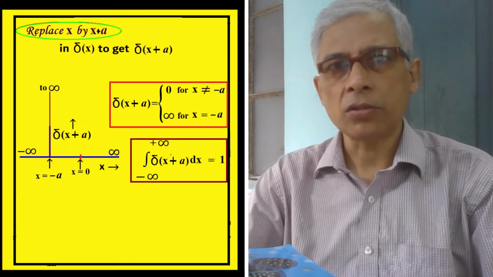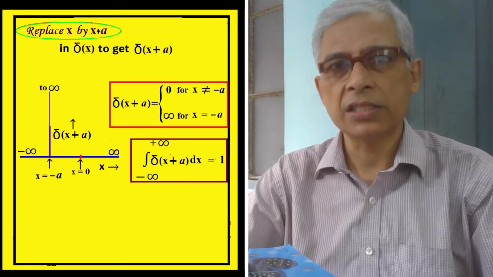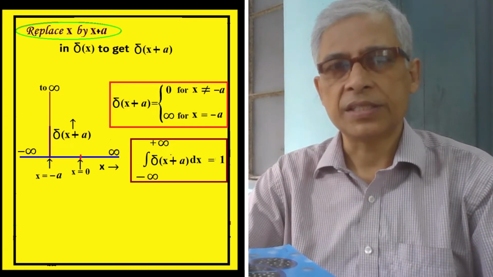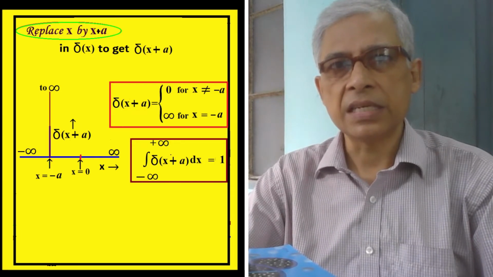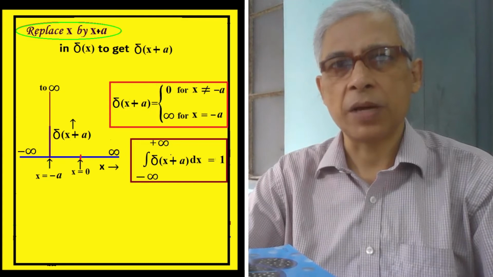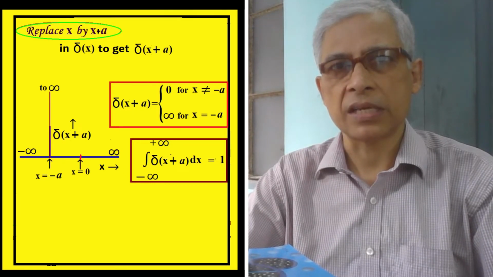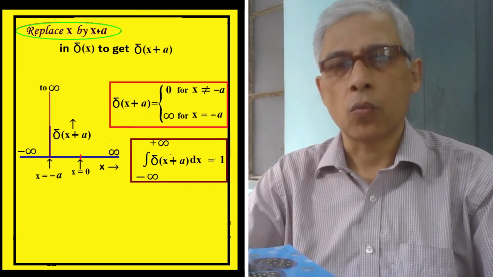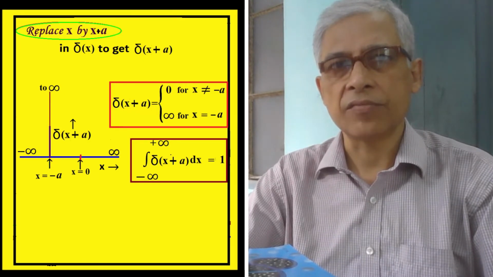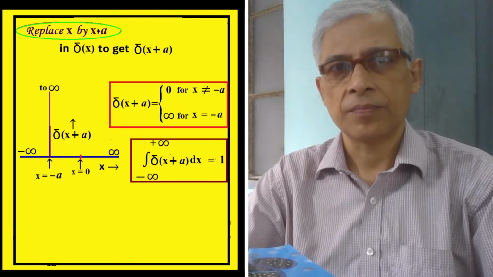The graphical plot and the mathematical relations have been shown over there. It is the Dirac delta function around x equal to minus a, as indicated by the infinite spike at x equal to minus a. And let us emphasize that these are one-dimensional Dirac delta functions derived and discussed previously.